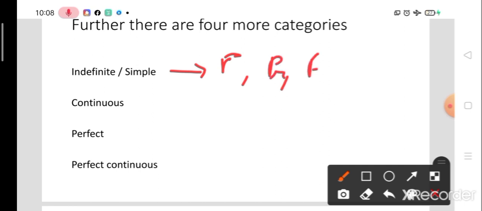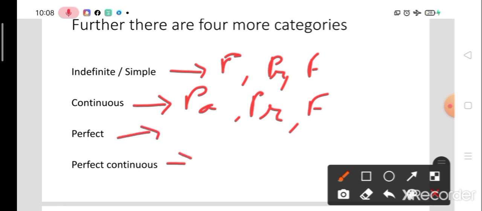So you have simple past tense or past indefinite tense, and simple future tense or future indefinite tense. Similarly with continuous, we have past, present, and future: past continuous tense, present continuous tense, and future continuous tense.